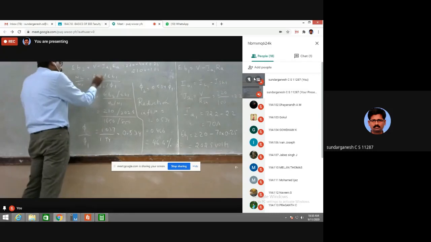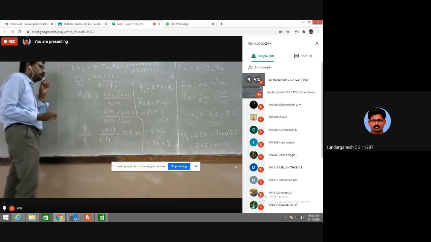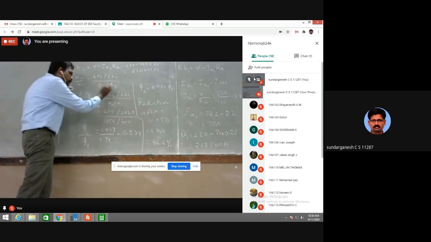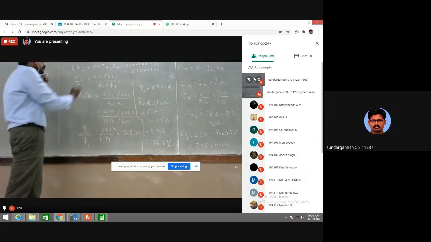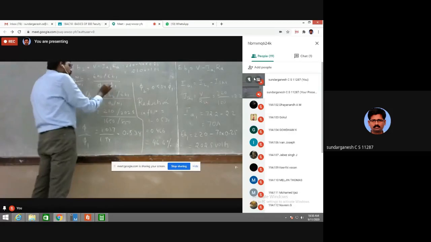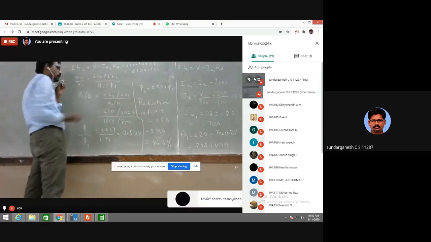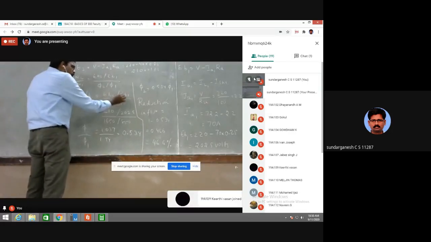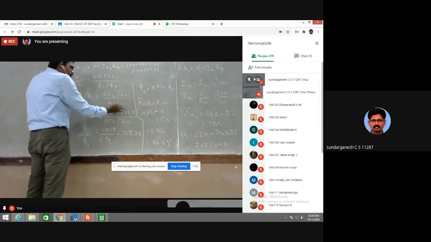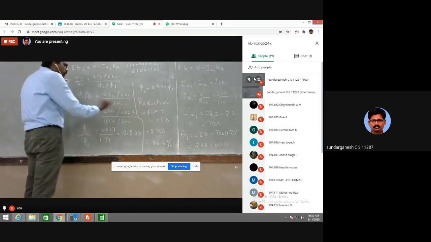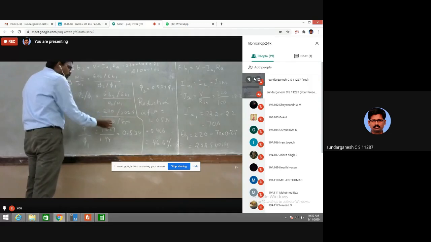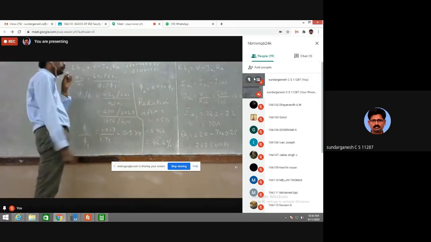N2 by N1 is equal to EB2 by EB1, which is equal to phi2 by phi1. I want to find only phi2 by phi1, so I am moving N2 by N1 downwards and phi2 by phi1 here. You know the values of EB2, EB1, N2, N1. You put all the values and divide, and you get 0.534.